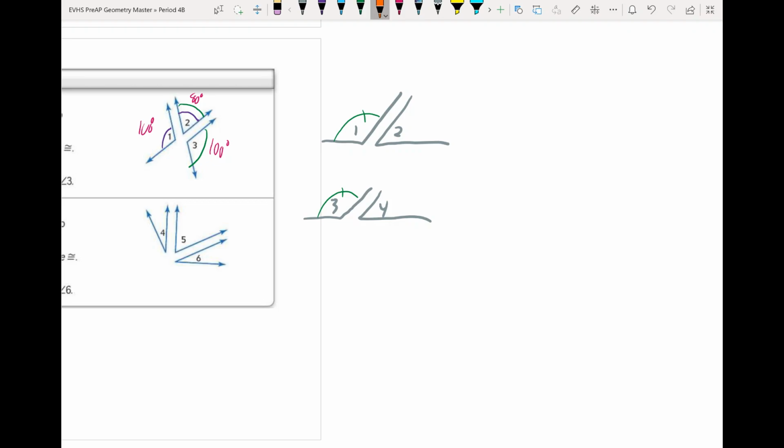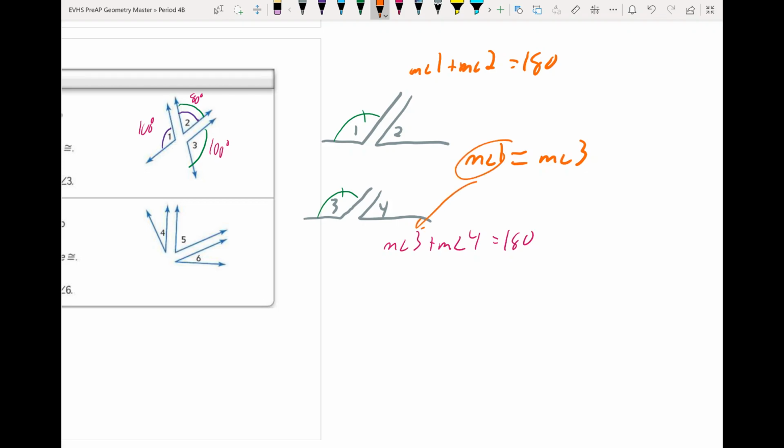Well, the measure of angle 1 plus the measure of angle 2 equals 180. The measure of angle 3 plus the measure of angle 4 is equal to 180. But since the measure of angle 1 is equal to the measure of angle 3, let me make that an equal sign, not a congruent sign, then I'm allowed to make a substitution and say that the measure of angle 1 goes in there.